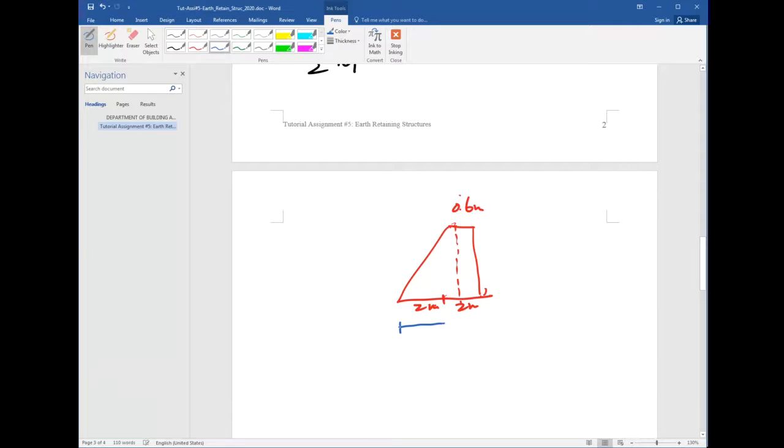What's here? 0.6 meters, right? And that is 4 meters, so 3.4 meters.